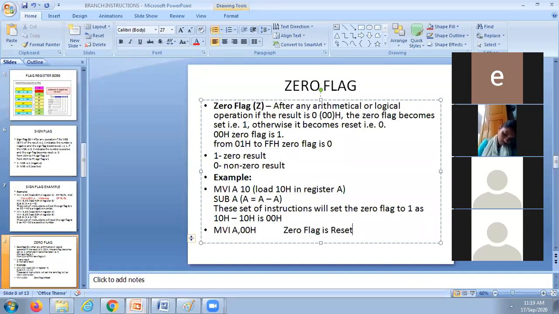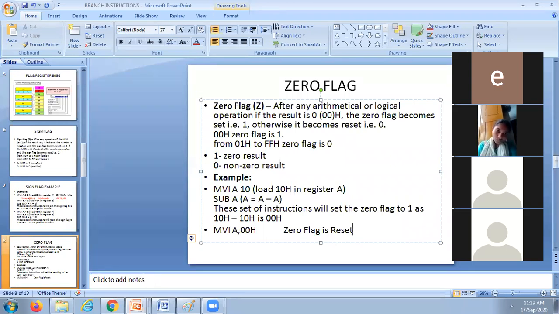All move instructions are data transfer instructions. Here MVI is a data transfer instruction. Because of that, the accumulator is loaded with 0.